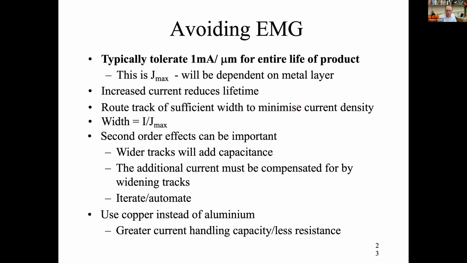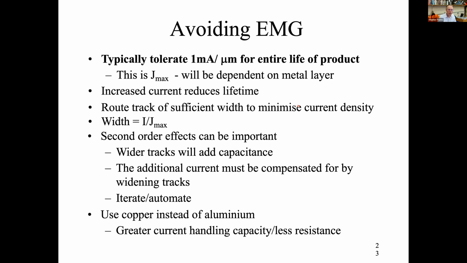This number, 10 milliamps per micron, is a typical number for DC, unidirectional. If you've got bidirectional, then again, you can have greater numbers, and again, an increase of an order of magnitude is possible.